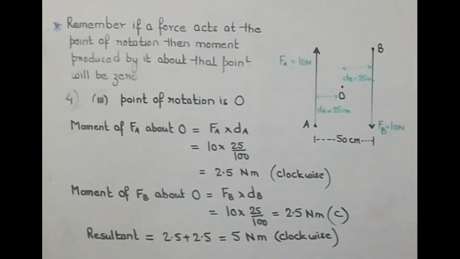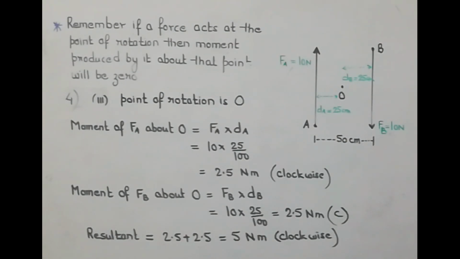So this is how we will be calculating resultant of the two forces. Resultant moment of the two forces. Hope this point is clear to you. In the first part, point of rotation was A, so therefore FA moment was taken 0.